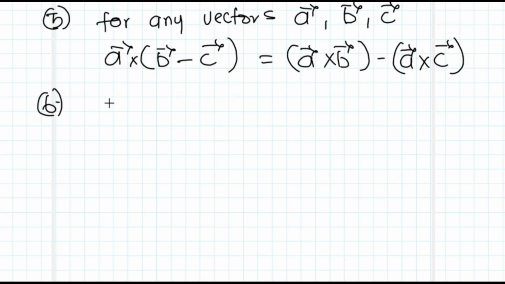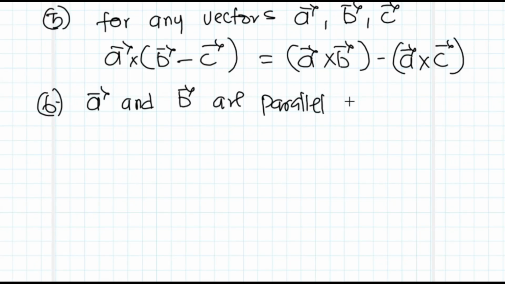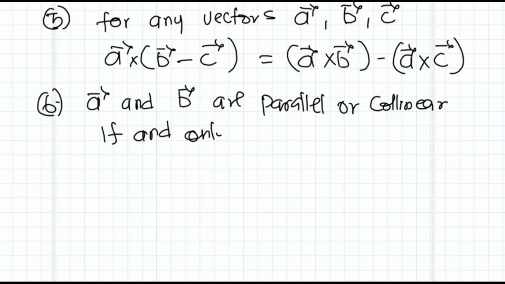If two vectors A and B are parallel or collinear, we can show that this holds if and only if A cross B equals 0.